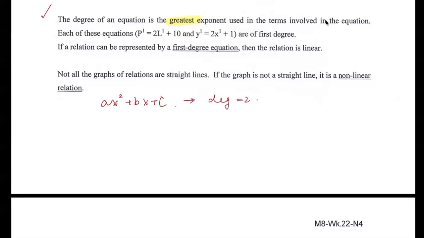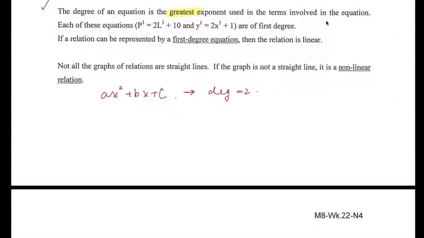But here we're talking about linear equation, which means the general form, just like we have a general form for trinomials, we have a general form for linear equation as well. It's mx plus b. So this is the general form of a linear function, okay?